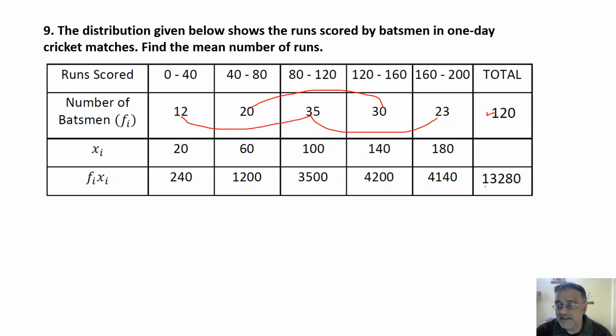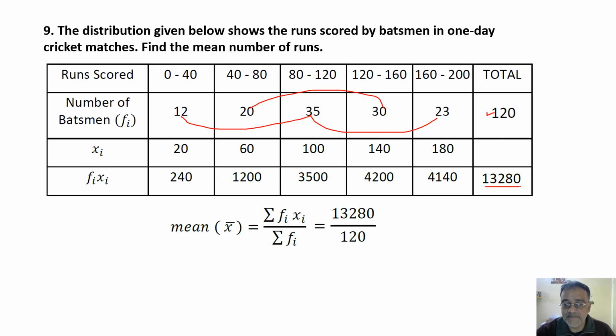We are getting 13,280, and the formula for calculating mean is summation fx upon summation f, that is 13,280 upon 120. So cancel one zero, then divide by 12, and you will get the final answer, that is 110.67 runs. Any doubt in this question?